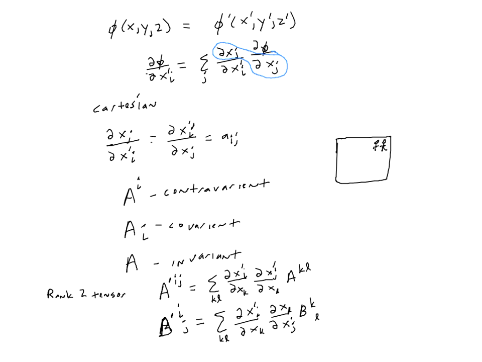And you can see that this transforms with 2 indices, but one's up and one's down. And then I could even make a third one where it's 2 lower indices. And you can see again, this needs 2 transformation matrices.